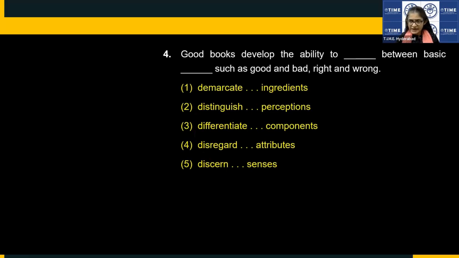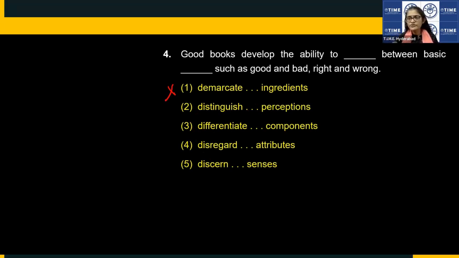Okay. Again on good books. Good books develop the ability to dash between basic dash such as good and bad, right and wrong. Demarcate between basic ingredients. Ingredients of what doesn't make sense. Demarcate is still okay, but ingredients is definitely not okay.